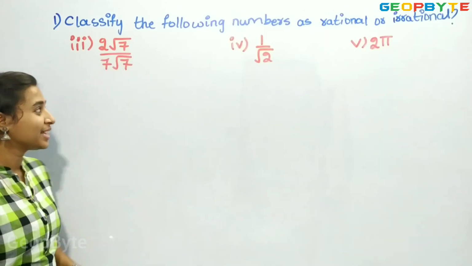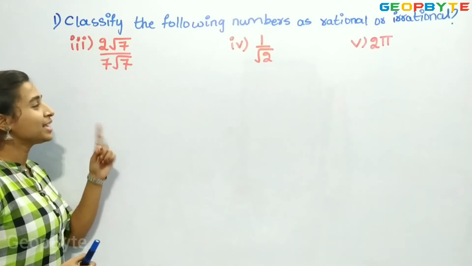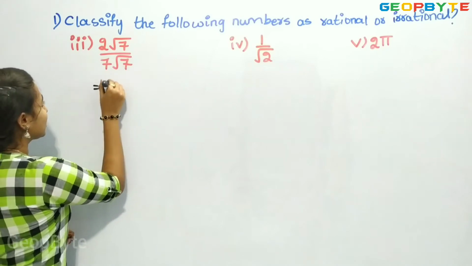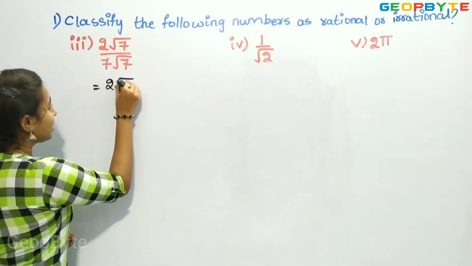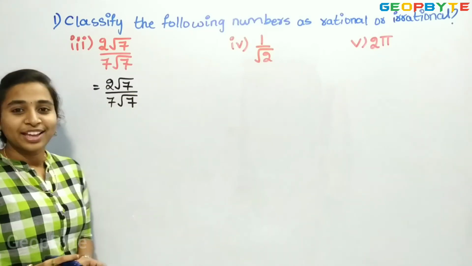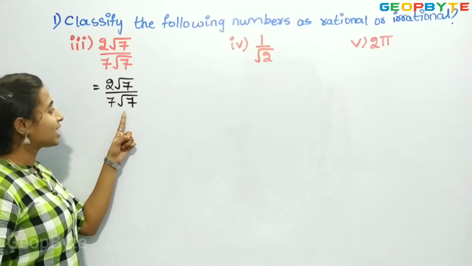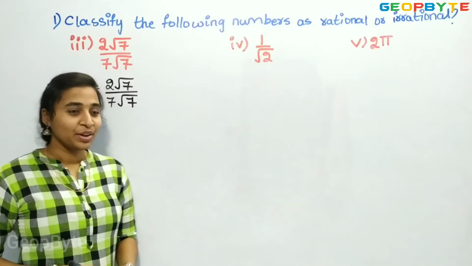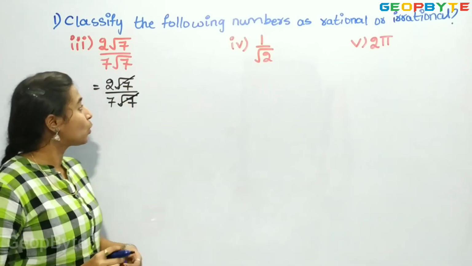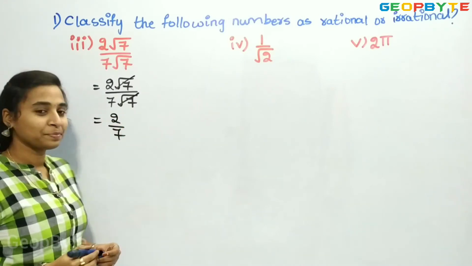Now, let us see the third one. We have 2 root 7 by 7 root 7. Let us write the given question: 2 root 7 by 7 root 7. If you see here, we have root 7 in the numerator as well as in the denominator. Obviously, they get cancelled. Now, what is left over? 2 by 7.